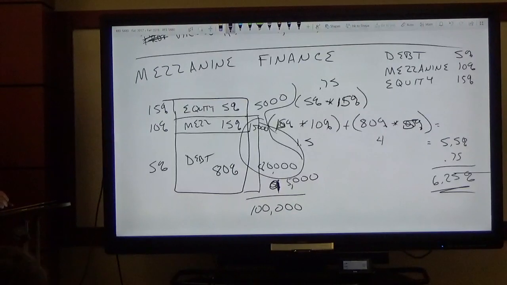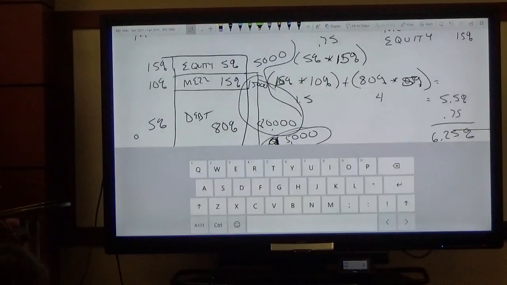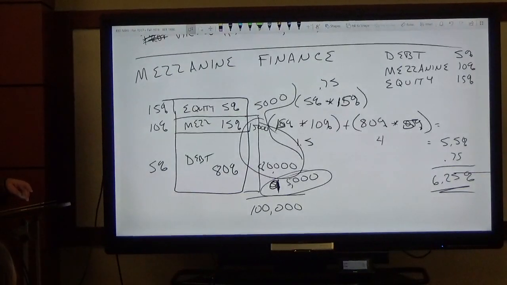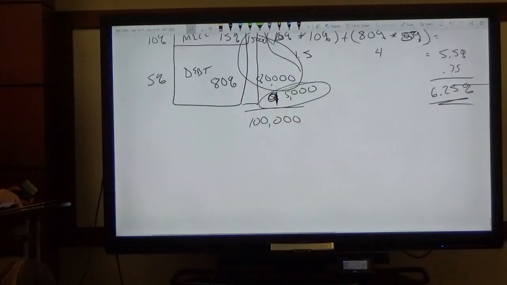So of that 95,000, what we're basically saying is that 80,000 of it would have a cost of 5%, and the remaining 15,000 would be at 10%. Okay, hold on.